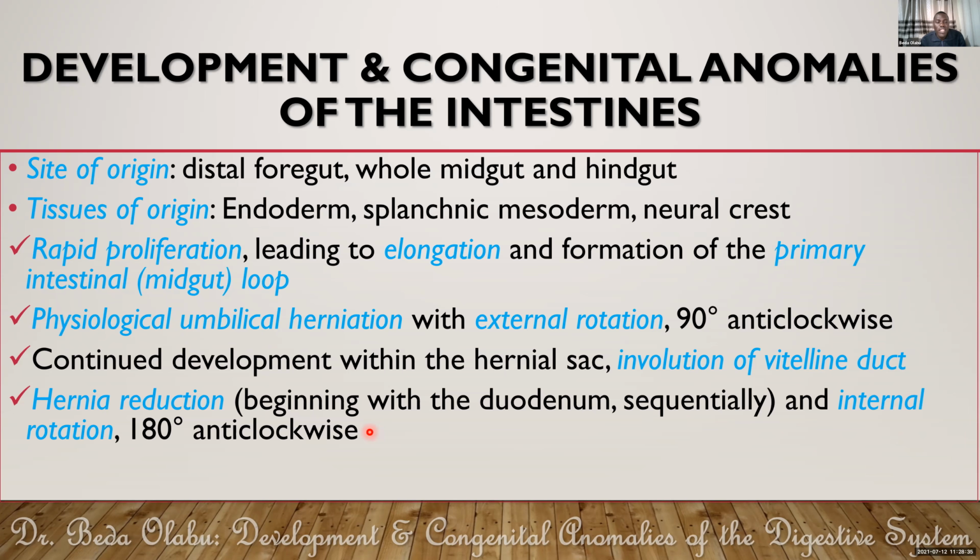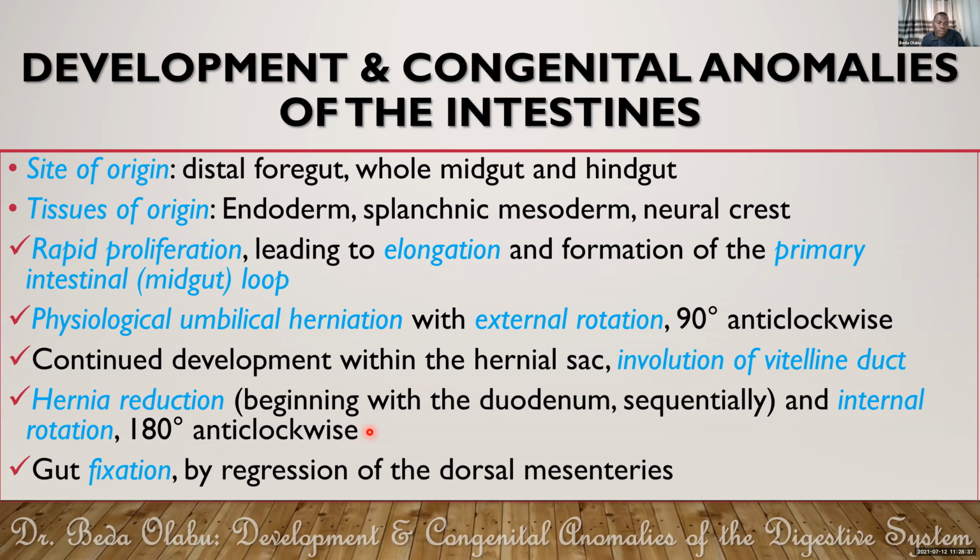Now, to ensure that the intestines cannot come out again, because they did during development, the intestines must be fixed. Fixation of the intestines means the loss of the mesentery. There are some parts of the intestine that lose their mesentery.